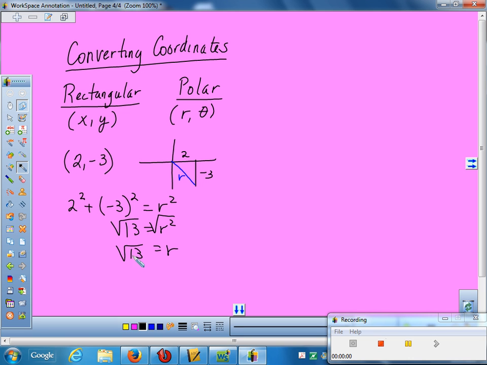They haven't been calculated. So what trig function could we use that would use the side that has 2 and the side with -3? That is opposite and adjacent, which means we're using tangent. So the tangent of this angle is opposite over adjacent. All right. Since 3/2 is not a special angle value, how are you going to get the angle out of your calculator?